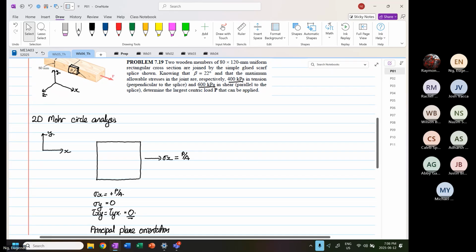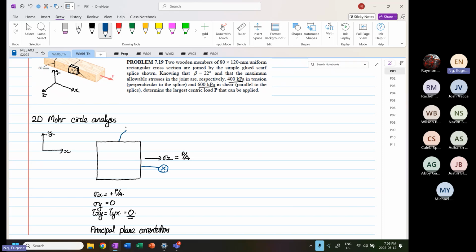Now, before we go any further, I'm going to call this X and I'm going to call this Y. And then we were told that beta is equal to 22 degrees. So now I'm going to sketch beta at 22 degrees.